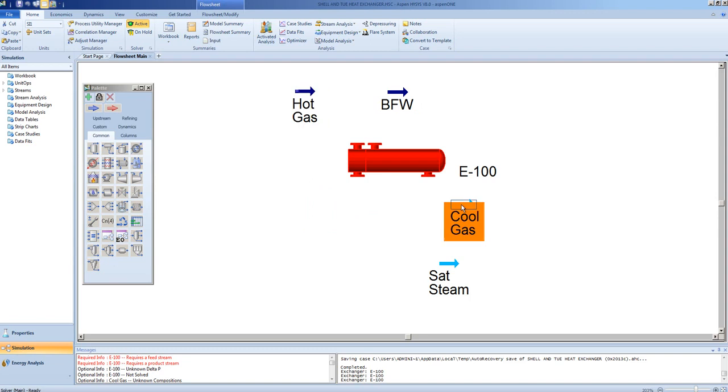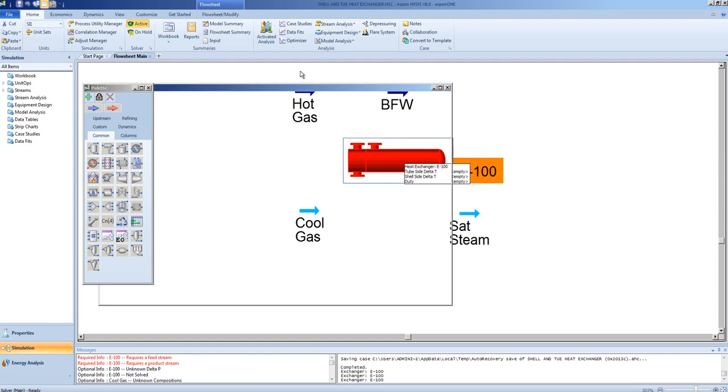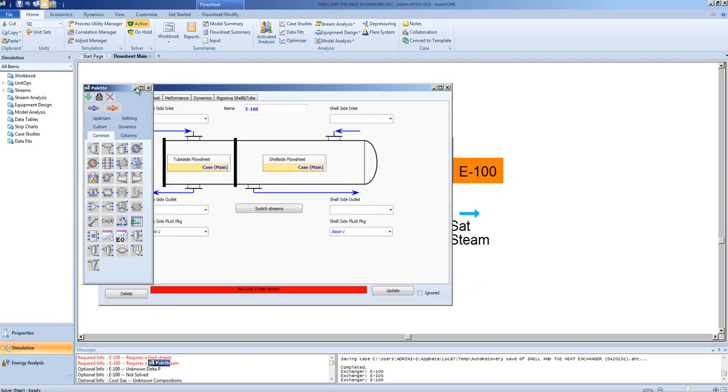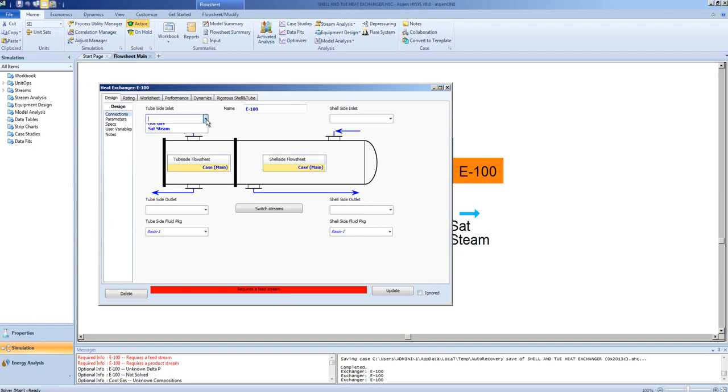The hot gas will be on the tube side. So the tube side inlet will be the hot gas. The tube side outlet we will specify as cool gas. Boiler feed water, saturated steam.